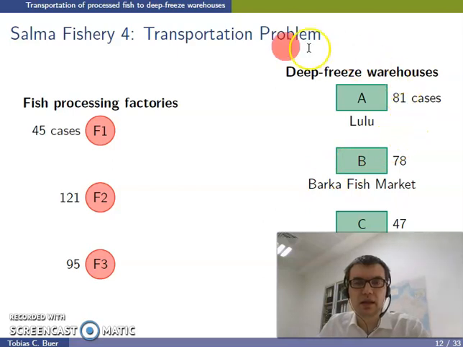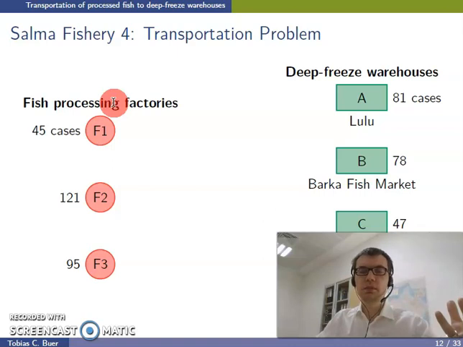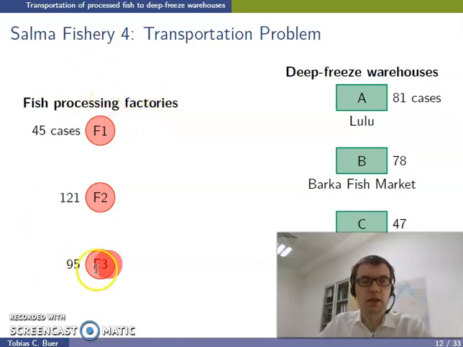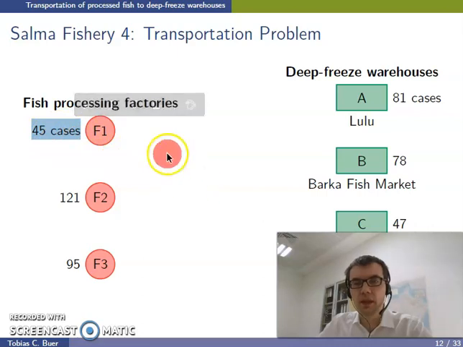Now let's try to visualize the problem. Visualizing the problem is always good to learn more about the problem, to understand the structure of the problem. So on the left side, I have drawn the three factories, F1, 2 and 3, and I wrote the number of cases of fish that they produce each day.